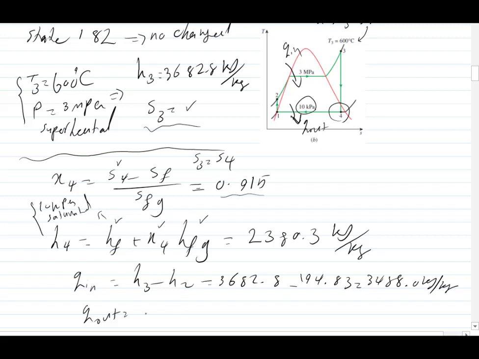And for Q out, we need to calculate h4 minus h1, which is 2380.3 minus 191.8, which will be 2188.9 kilojoule per kilogram.